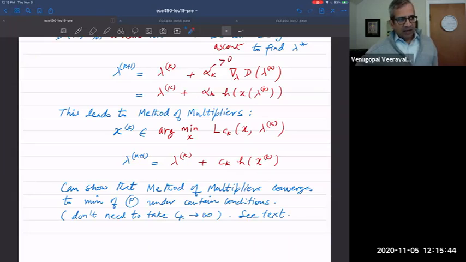Next week, we'll talk about subgradient methods. We'll first define what a subgradient is. Your midterm will cover basically all the material through the end of next week.